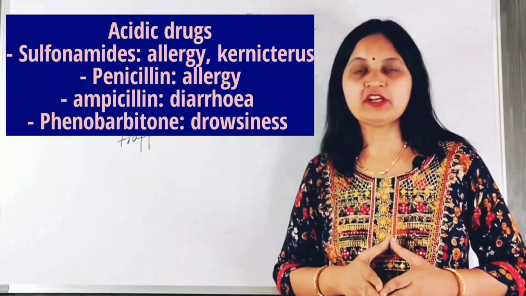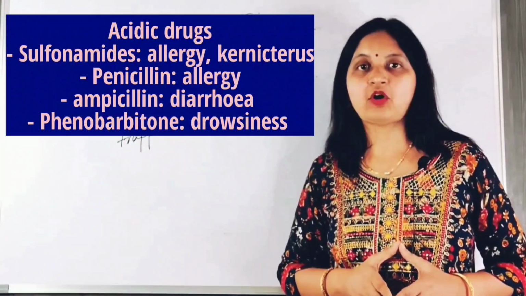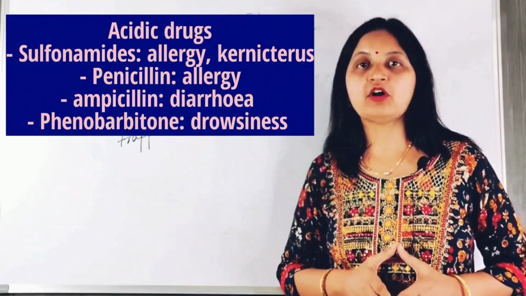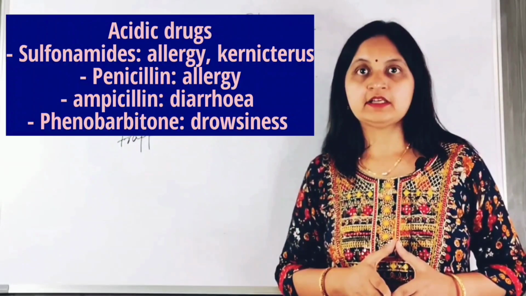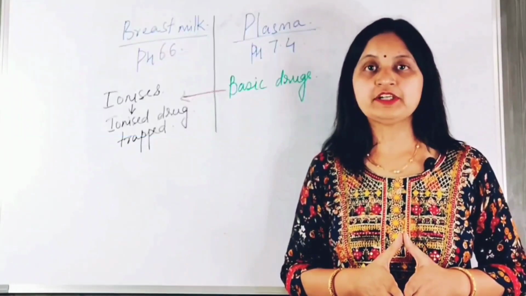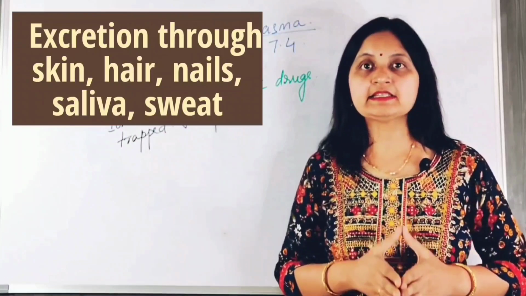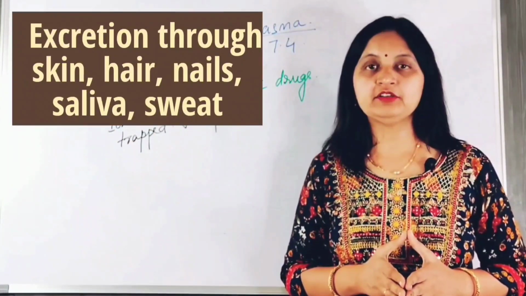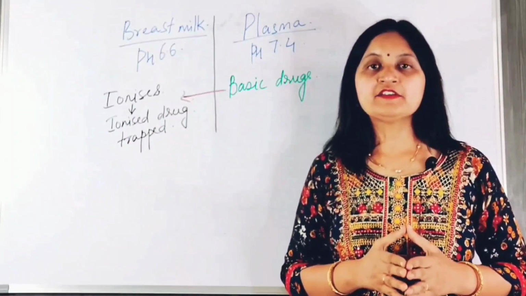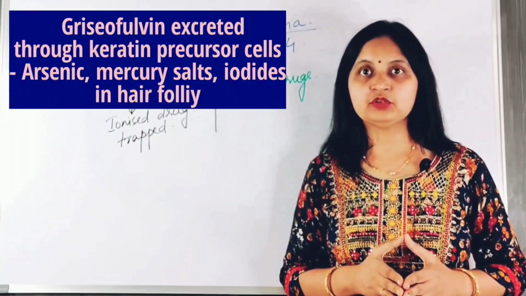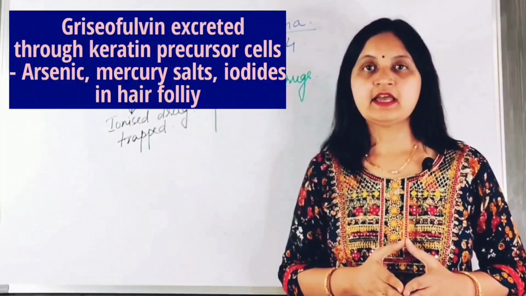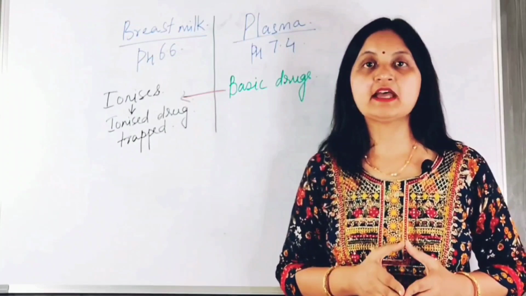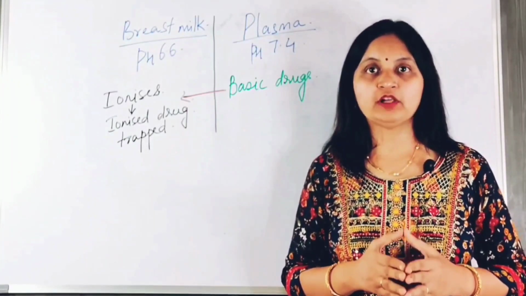Penicillin can cause allergic reactions, ampicillin can cause diarrhea as a side effect, and phenobarbital can cause drowsiness as a side effect. The drugs can also be excreted through skin, hair, nails, saliva and sweat. Examples of drugs that are excreted through skin are griseofulvin that gets secreted through the keratin precursor cells, and metals such as mercury salts, arsenic and iodides get secreted through hair follicles.